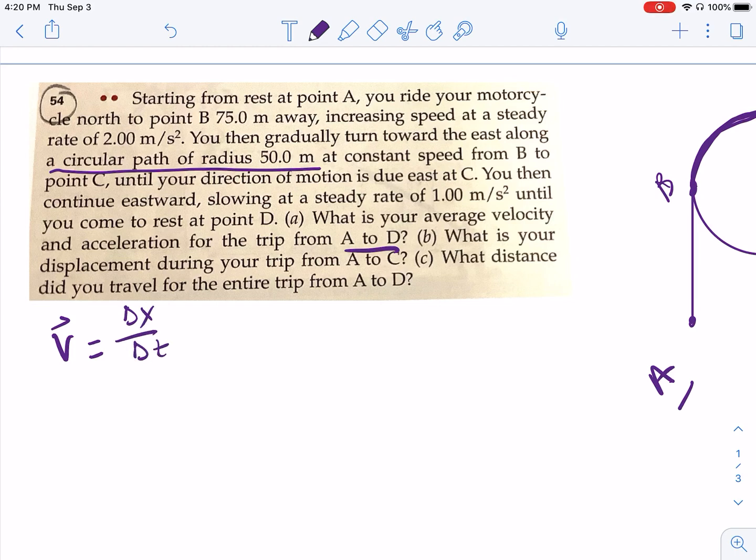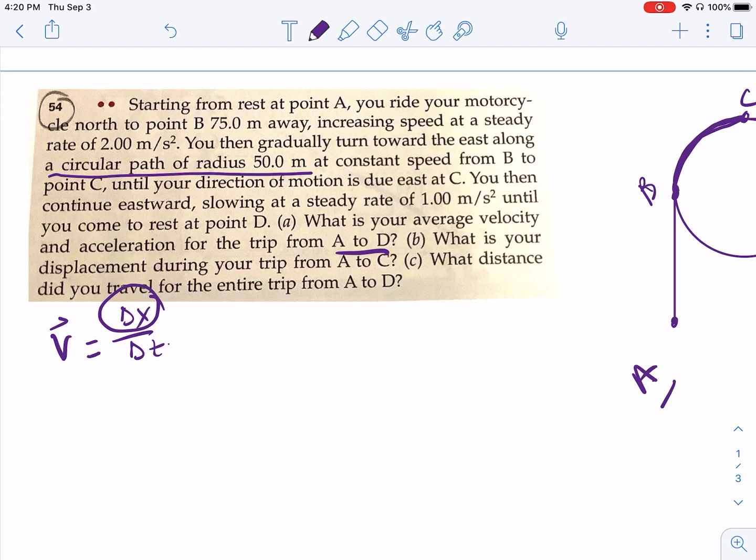So for the entire trip, I'm going to need to know the entire delta x and the total time. Given in the problem, I'm given some of my delta x's, but I'm not given any t. And so these are things that we're going to need to solve for throughout the problem to even answer our question. And then for average acceleration, it would be delta v over delta t.